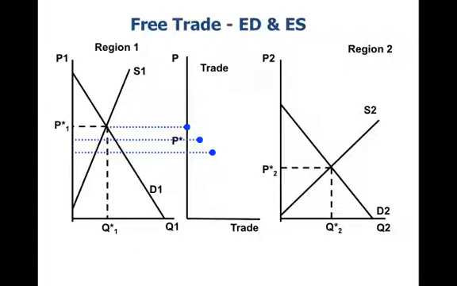If we did this for all prices that might happen between or below P1 star, and then we connected all those dots, what we would get is a curve that we call an excess demand curve. It shows the demand that is not met by domestic production at prices below P1 star.